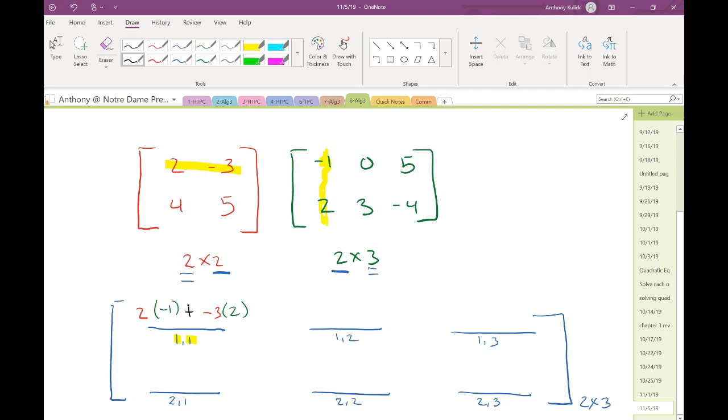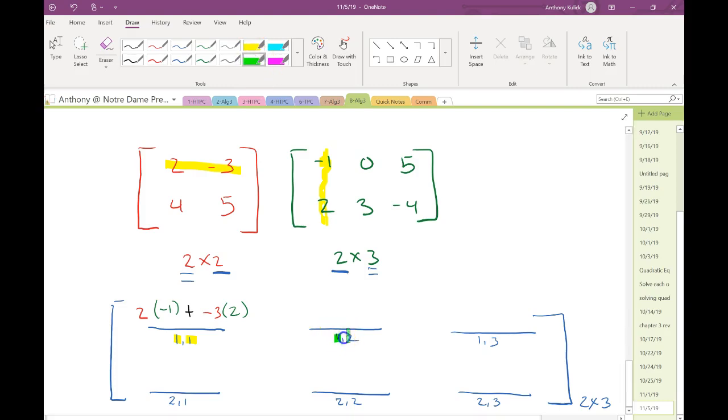So I took the first entry from the first row and multiplied it by the first entry in the first column. And then I took the second entry in the first row and multiplied it by the second entry in the first column. And when I add those things together, that's going to give me the first entry in my product. Okay.